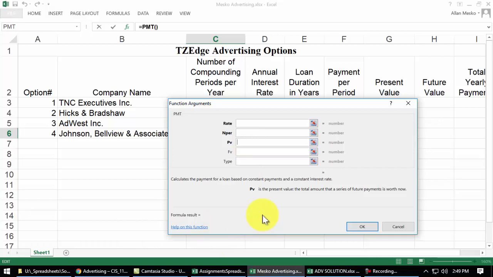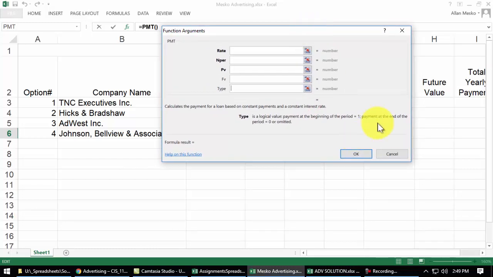The future value, you're wanting to pay that down all the way to 0, and notice you don't have to put anything there. That's an optional parameter. Notice the type of payment. If you put a 1 there, you're making the payment at the beginning of the period. If you put a 0 there, you are making the payment at the end of a period.